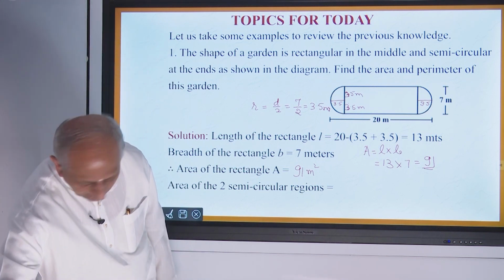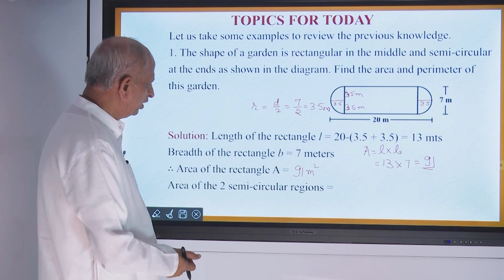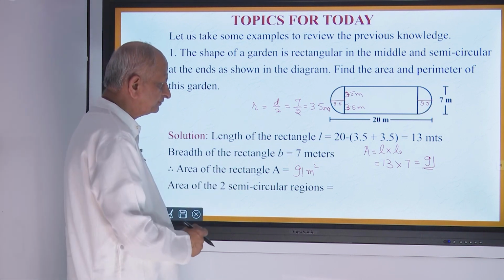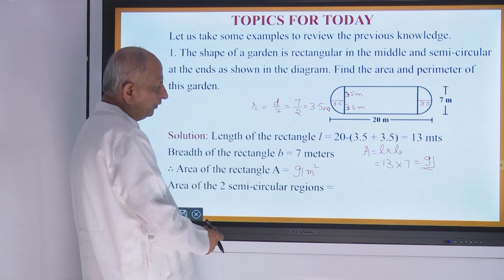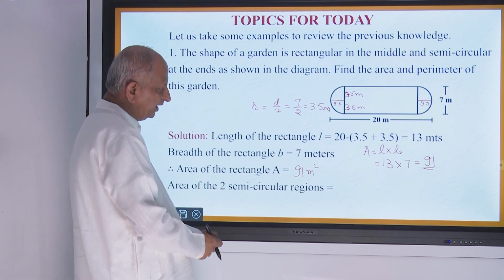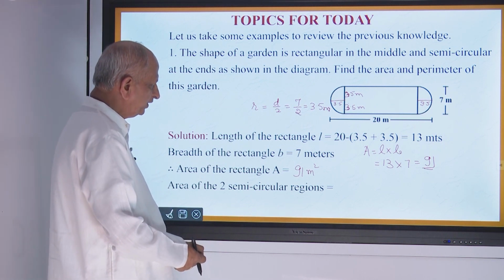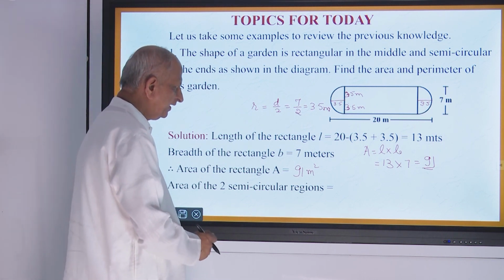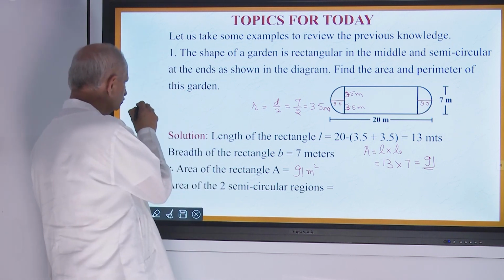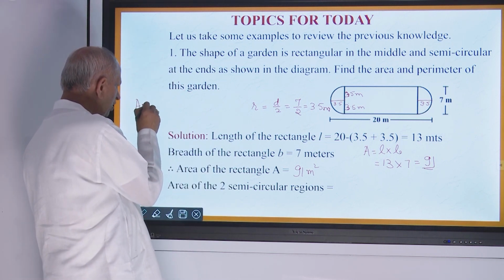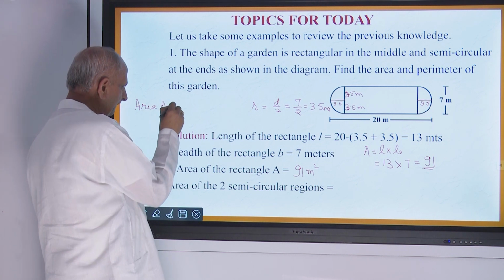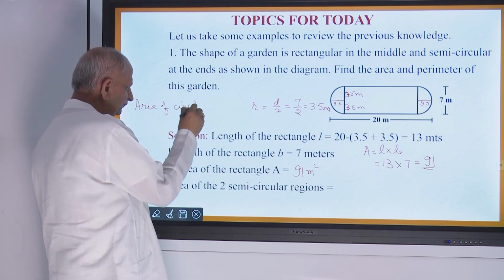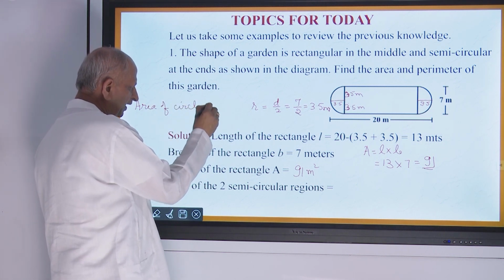Now the question is not over. We have got 2 semicircular regions. So what is the area of a semicircle? We know the area of a circle is pi r square, as we have studied earlier.